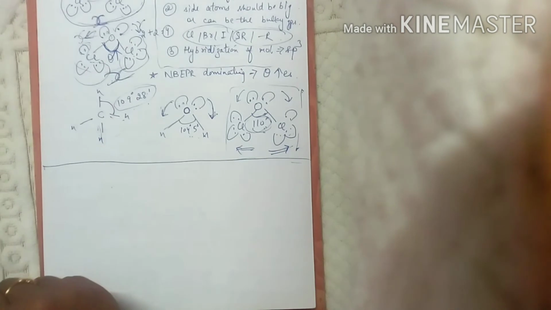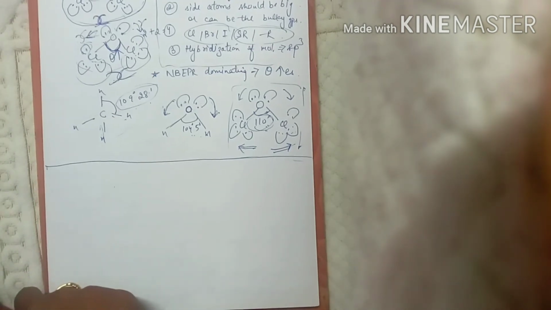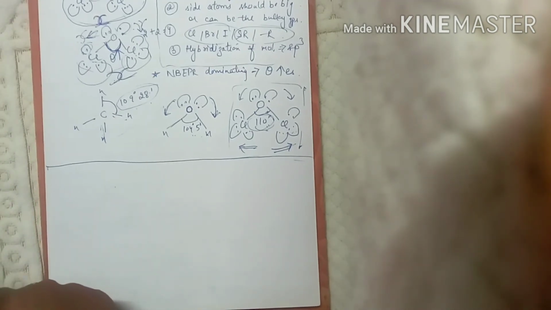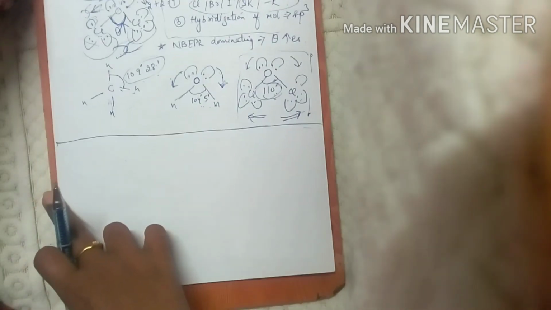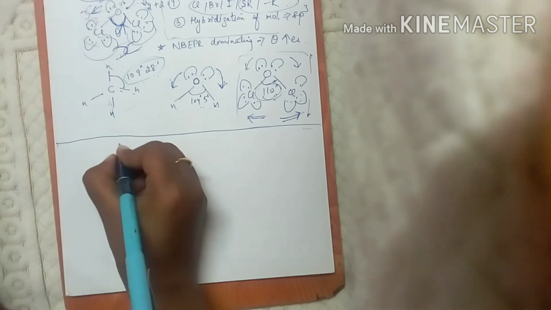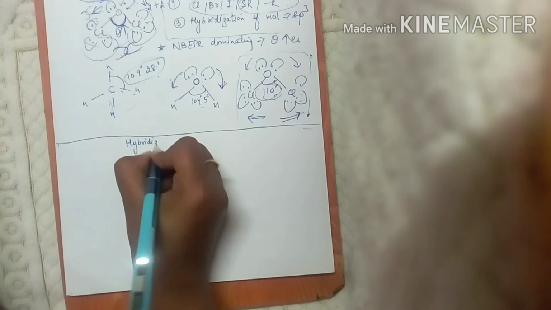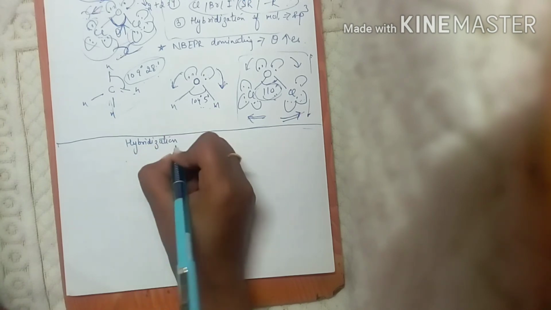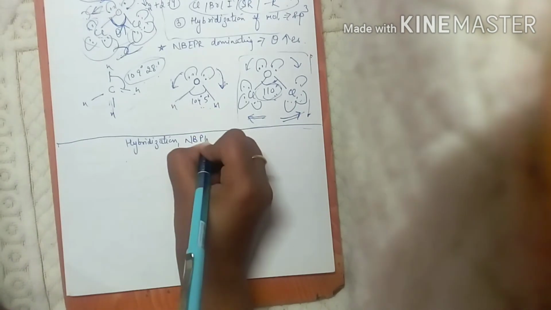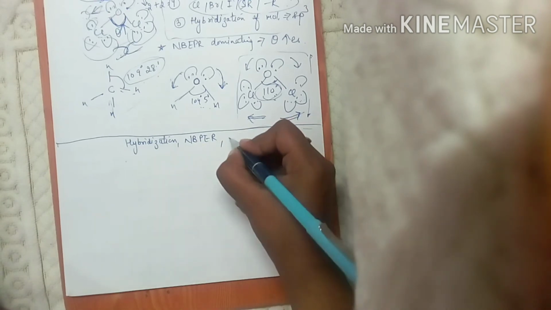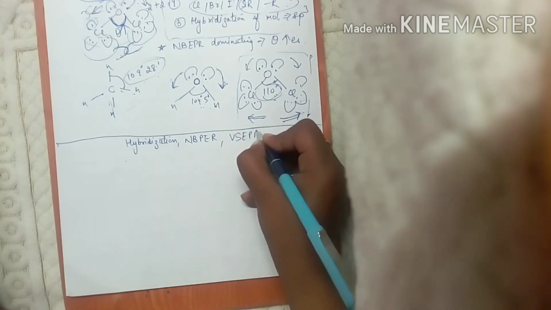So this was the case of NBPER. In the next video, we are going to discuss valence shell electron pair repulsion theory, and after that we are going to have an absolute comparison between hybridization, NBPER and VSEPR theory. We have discussed hybridization, right? We have now discussed NBPER, and after that we are going to discuss VSEPR.